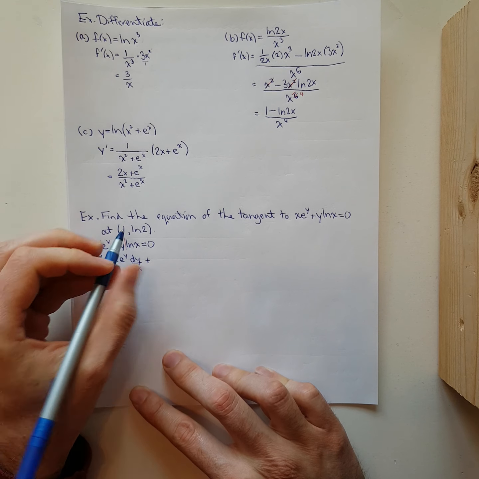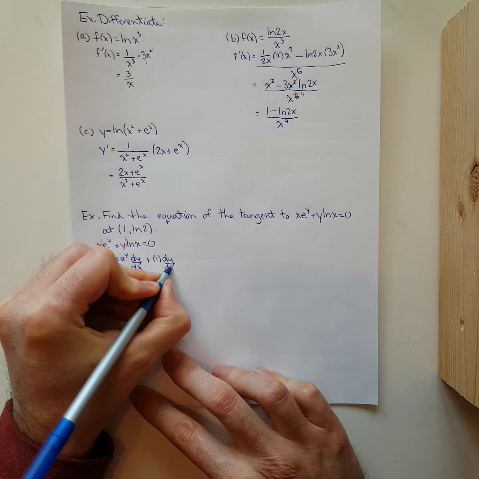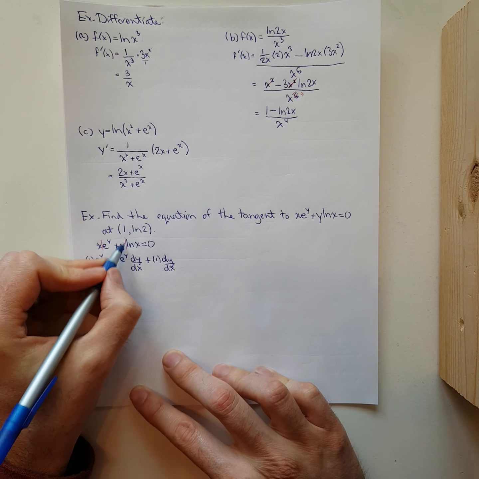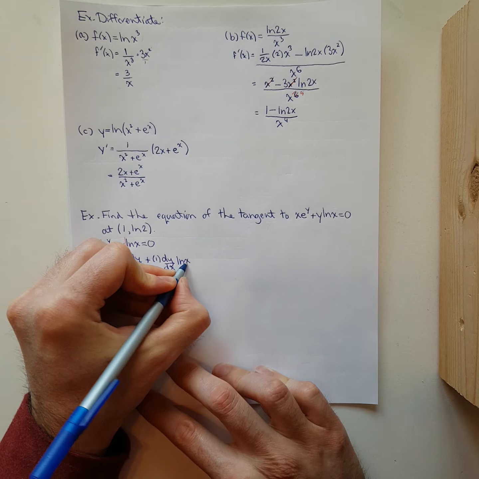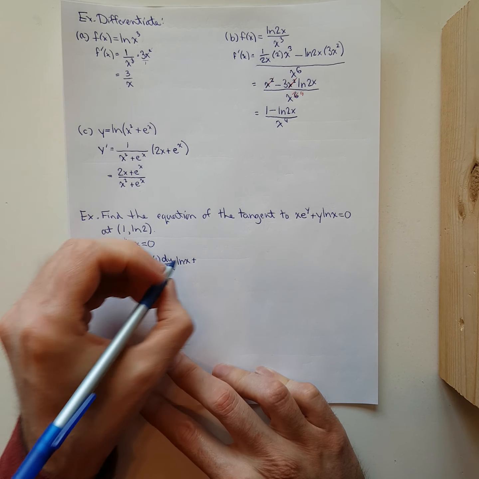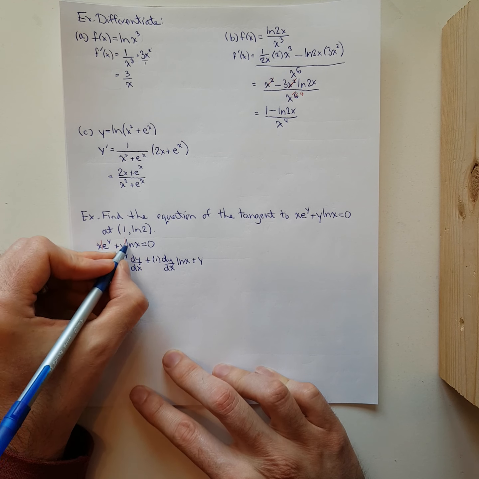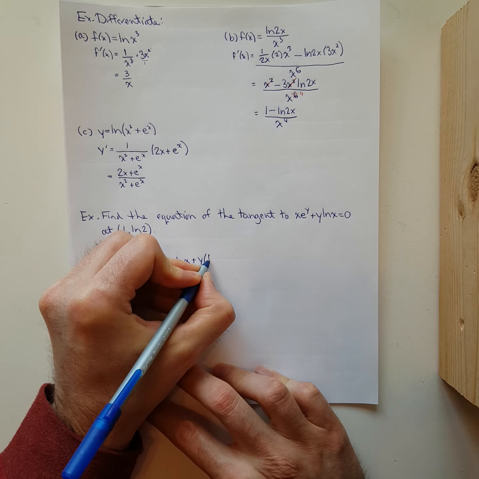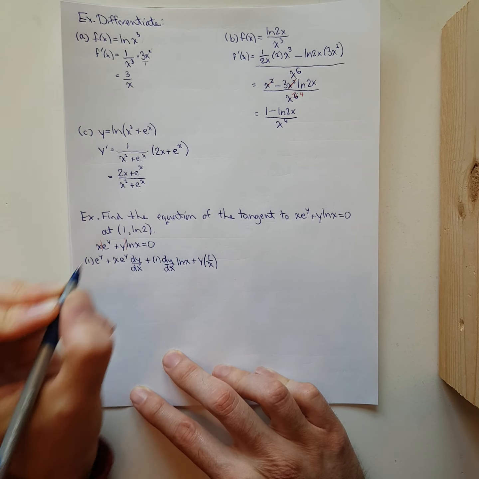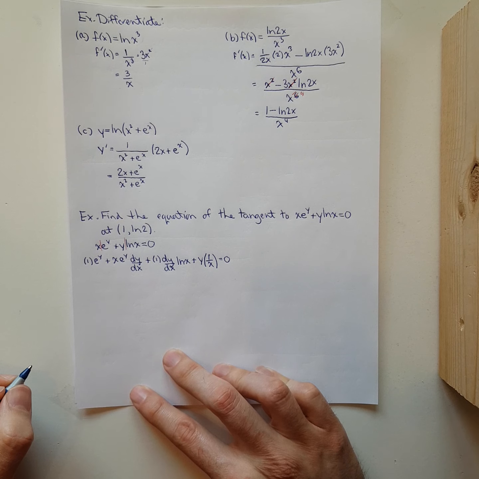The derivative of the first would be 1, dy by dx, multiplied by the second, ln x, plus the first function, which is y, multiplied by the derivative of the second. The derivative of that ln function then would be 1 over the argument, or 1 over x, equals 0.